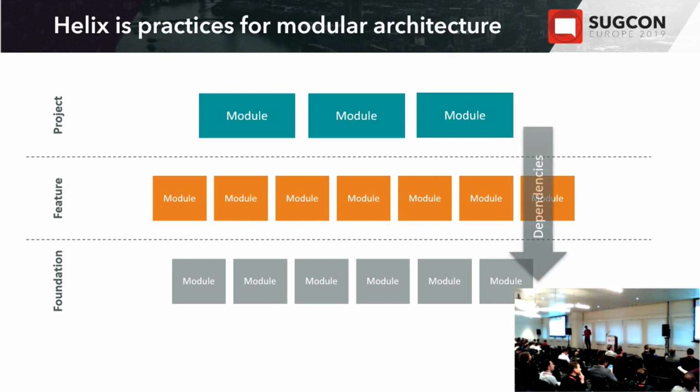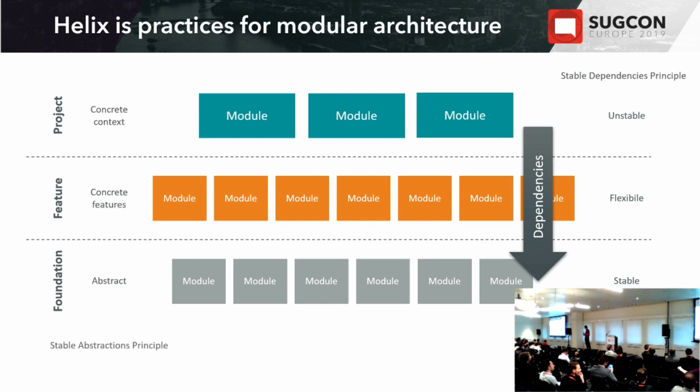So with Helix, we've created a set of practices and conventions that we believe are optimized for the typical needs of a Sitecore implementation. So if you apply these well, you get the modular architecture and ultimately a more maintainable Sitecore implementation and happier customers.